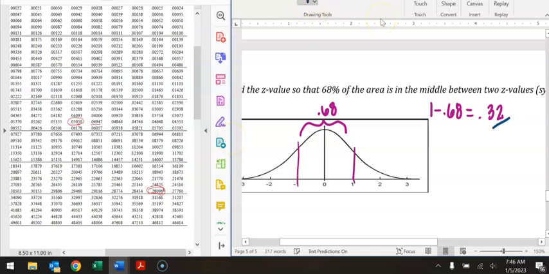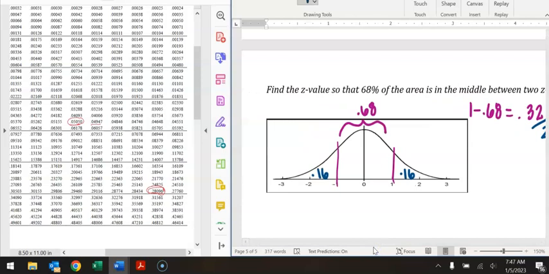If I divide that by 2 to see how much goes in each one, I would get 0.16. So that means there's 0.16 in this tail and 0.16 in this tail. Now, why did I do that? So keep in mind, you have a symmetric curve here, which means if you have 68% in the middle, whatever your Z-score is here is going to have the same digits as the one on the right.